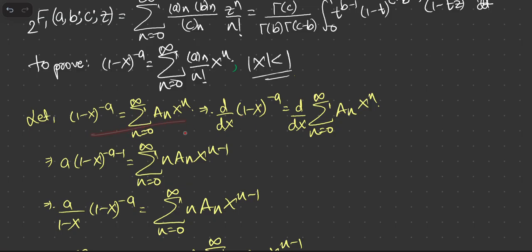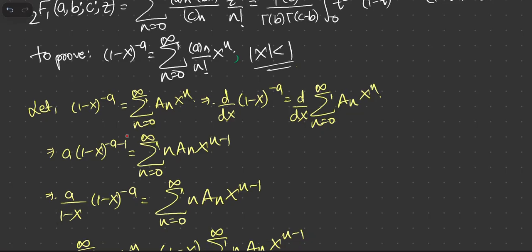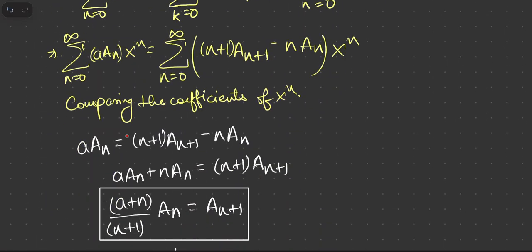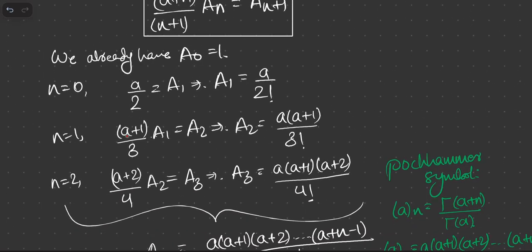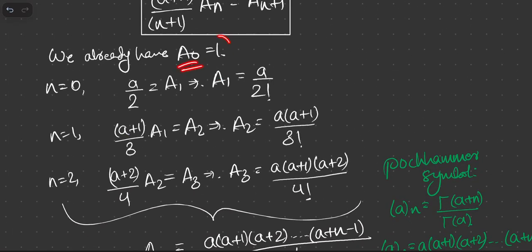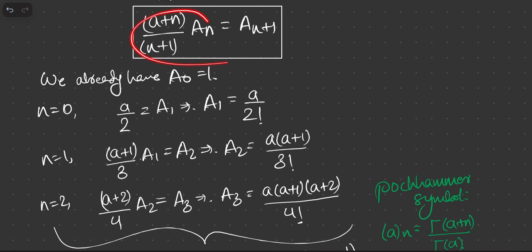From this very equation we can say that a naught is 1, and we need to go for a1, a2 and a3. So we have a naught is 1, and when we plug n equals 0 in this equation, it's going to be a over 2.